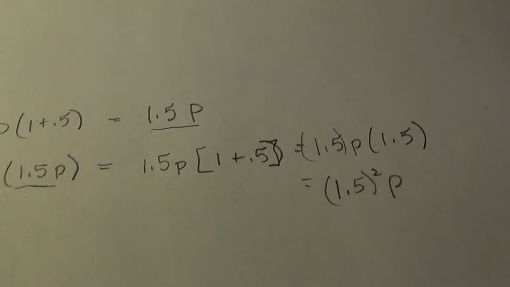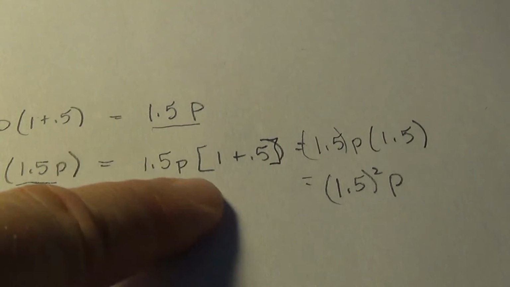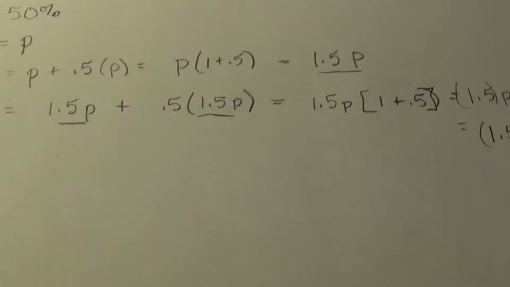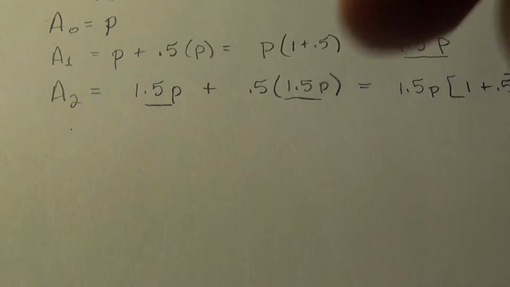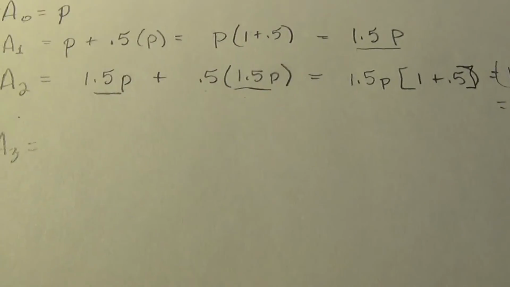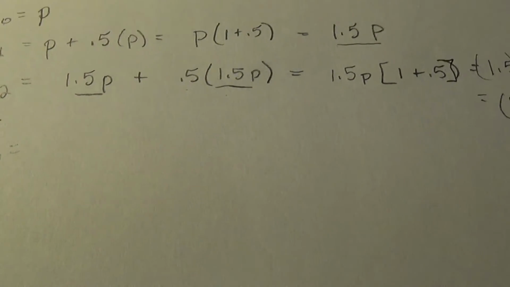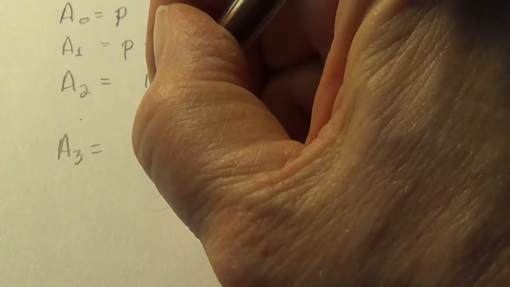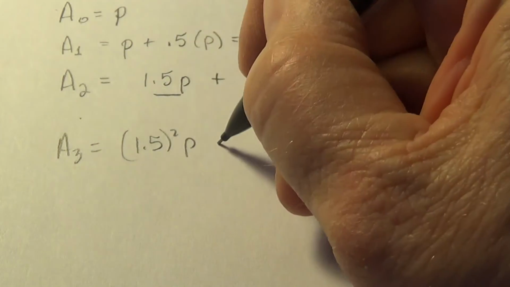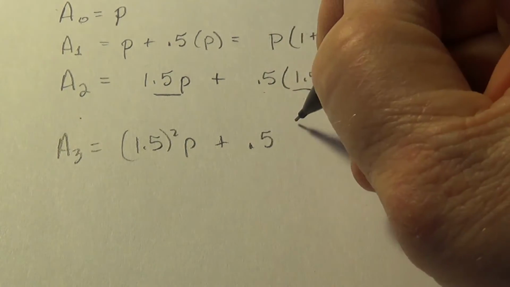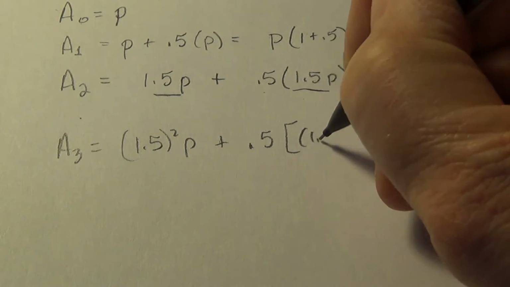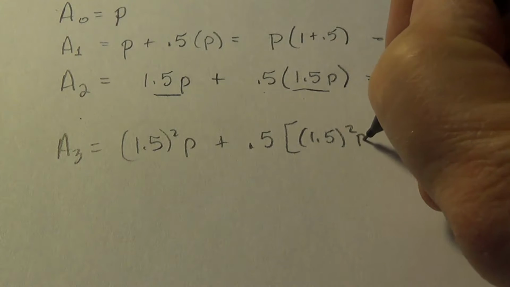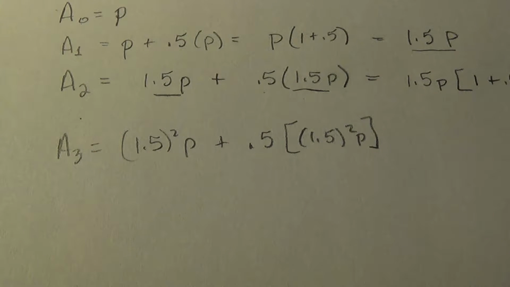So notice first year, second year. All right, it's not going to surprise you, I don't think, being the pattern finders that you are, that I'm going to take the result of year 2, 1.5 squared times P, and that's what I'm going to have to start with, and I'm going to get 50% of that added to my total.